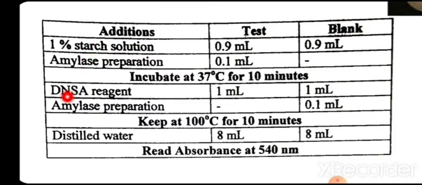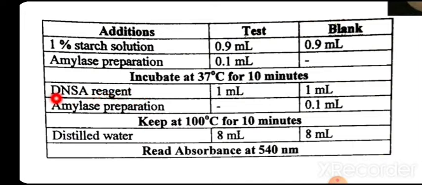For that, again, we need to add the DNSA reagent. This DNSA reagent we have used earlier for the preparation of the standard graph. So you need to process these samples the same way as we did in the earlier slides, which describe the preparation of the standard graph.